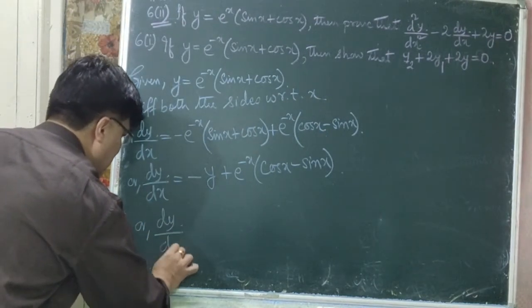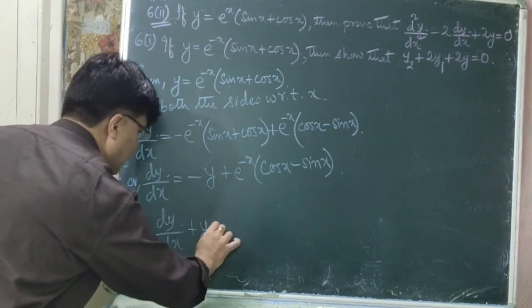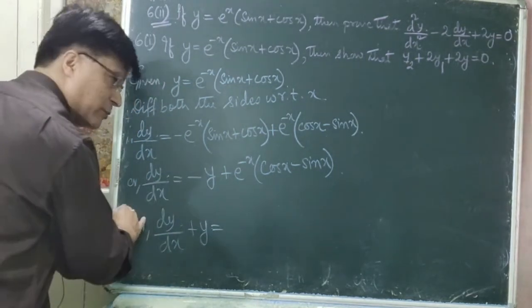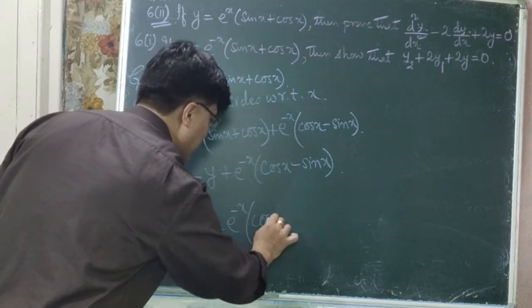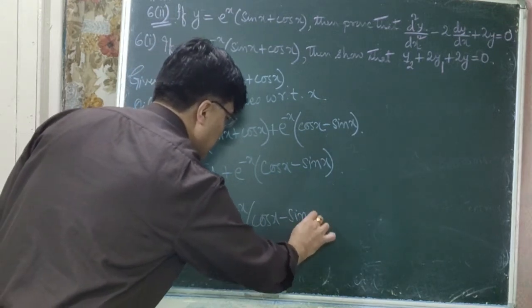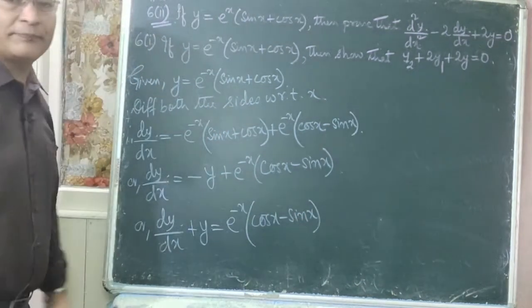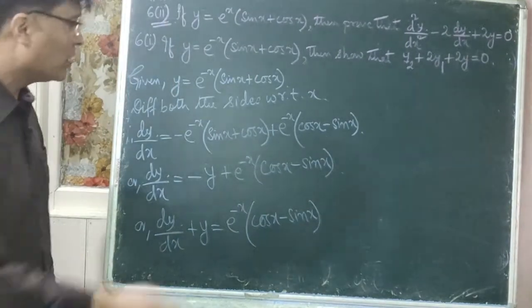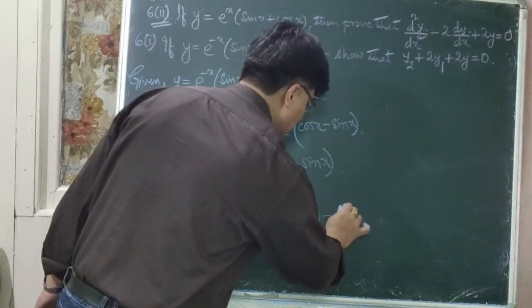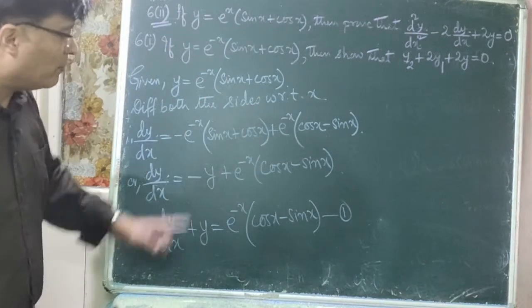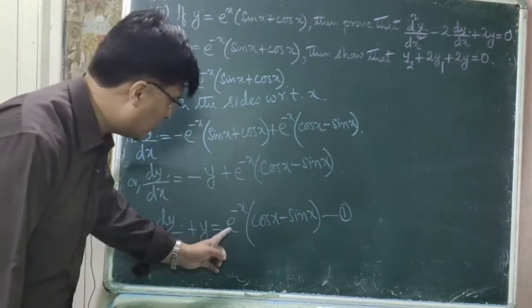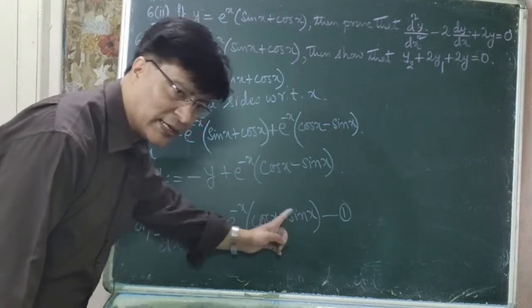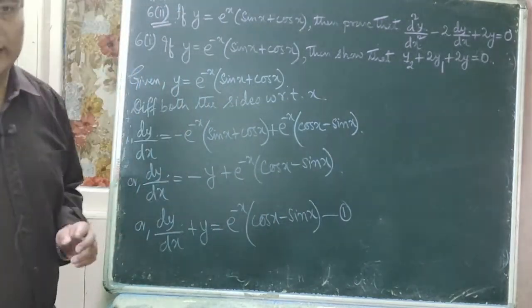So dy by dx plus y is equal to, minus y becomes plus y on the left hand side, so it is e to the power minus x, within bracket it is cos x minus sin x. Is that clear now? So let us mark it as number 1, because we may use the value of this right hand side. That is, we may use the value of e to the power minus x into cos x minus sin x as dy by dx plus y.